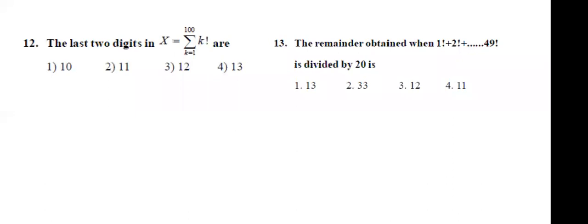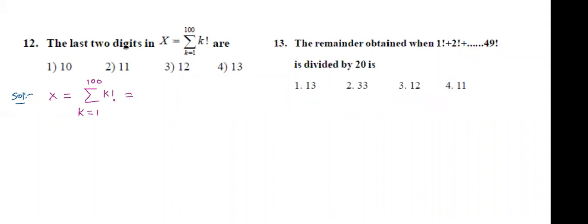See the 12th question. The last two digits in x is equal to sigma k equal to 1 to 100 of k factorial.